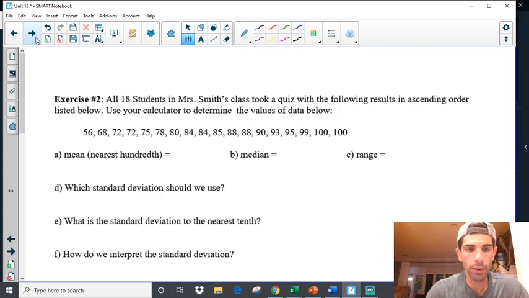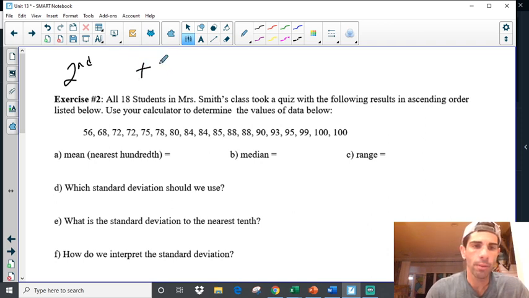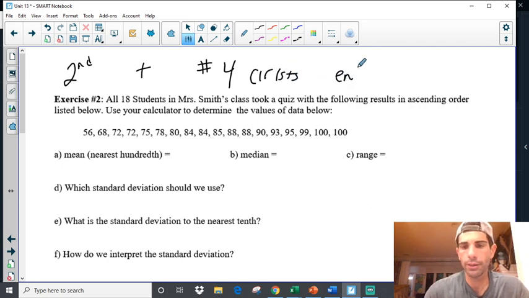All right, so now these are not the exact same numbers. You're going to put these numbers into your calculator, so hit pause. But now you're going to say, but I already have numbers in there from the last question. Remember, you can always hit second, plus, number 4, which says clear lists, and then hit enter.